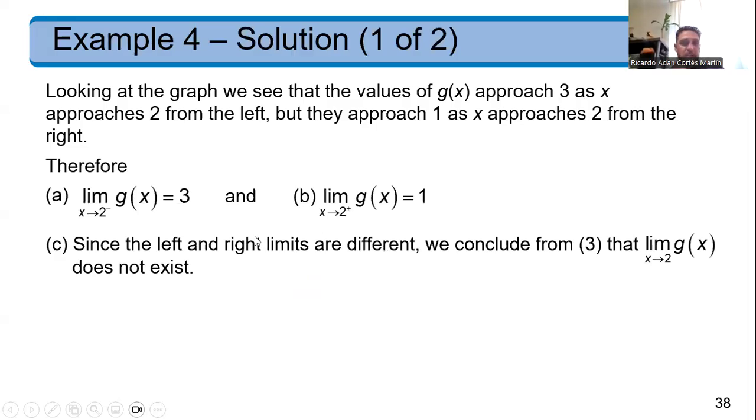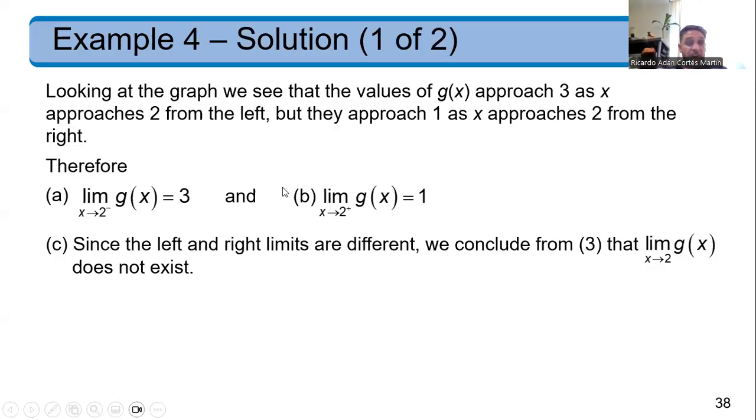Okay, so if you study the graph, you will notice that when x tends to 2 from the left, the limit is going to be number 3. But if you come from the right, it's below that, it's going to be equal to 1. Okay? So the question is, are these two limits the same? The answer is obviously not.